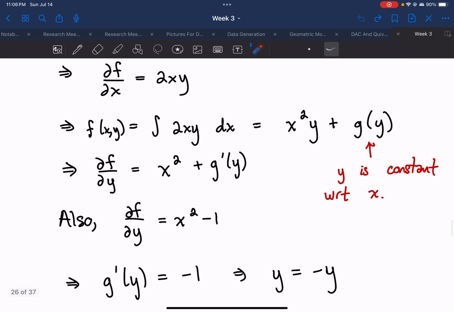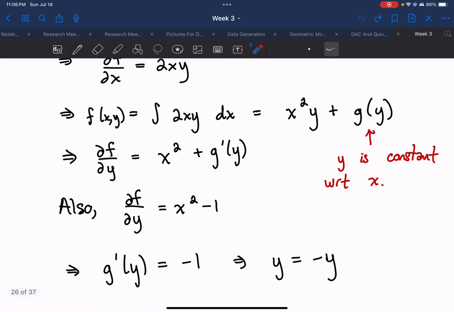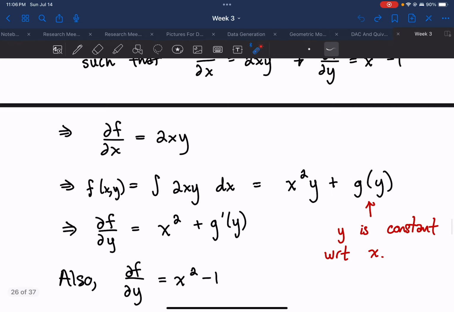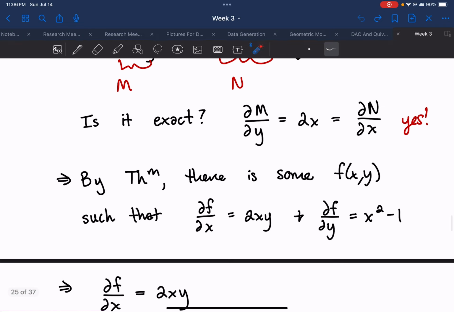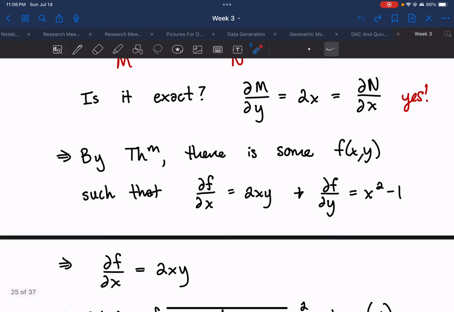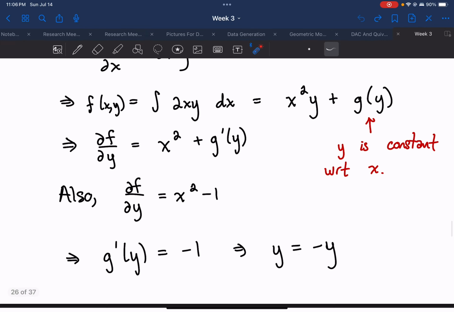Since partial f partial y was equal to x squared minus 1 originally, from all the way up here, that must mean that g prime of y is equal to negative 1.